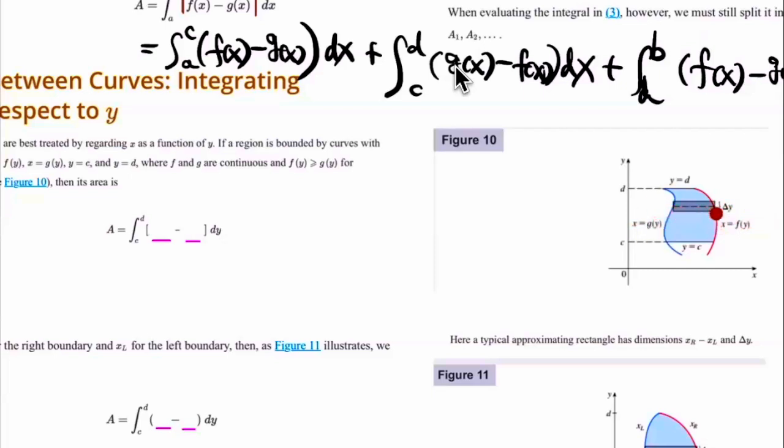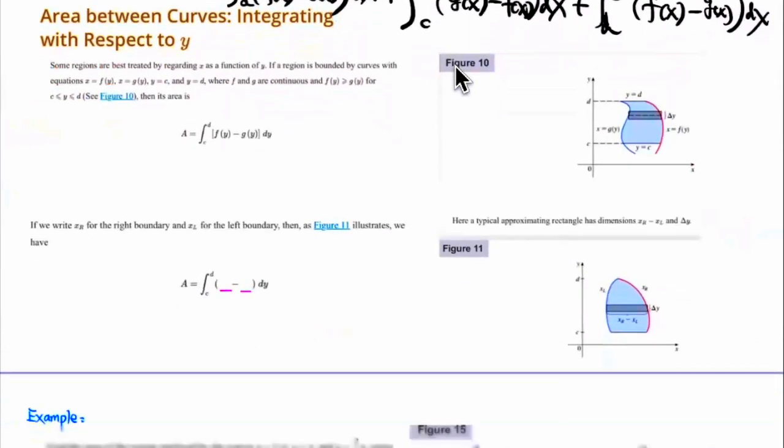That gives you the length of this rectangle, and then you times delta y, which gives you the area of one rectangle. So that is f of y minus g of y, dy, with y going from C to D. To sum up all those rectangles, you get the total area A.